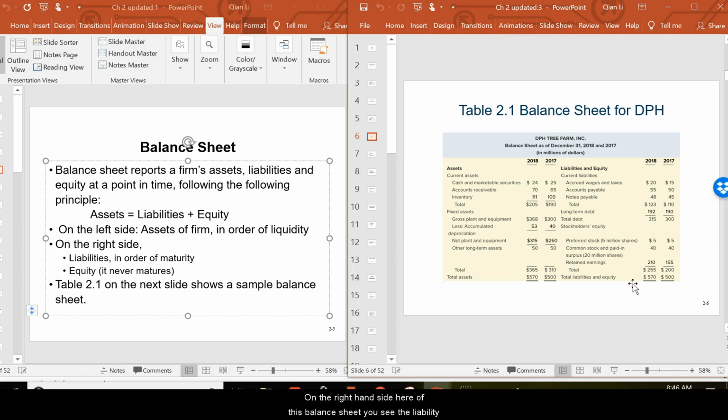On the right-hand side, you see the liabilities and equity. This is Table 2.1 from your textbook, a sample balance sheet for a company called DPH Tree Farm Inc., as of the end of 2018 and 2017.